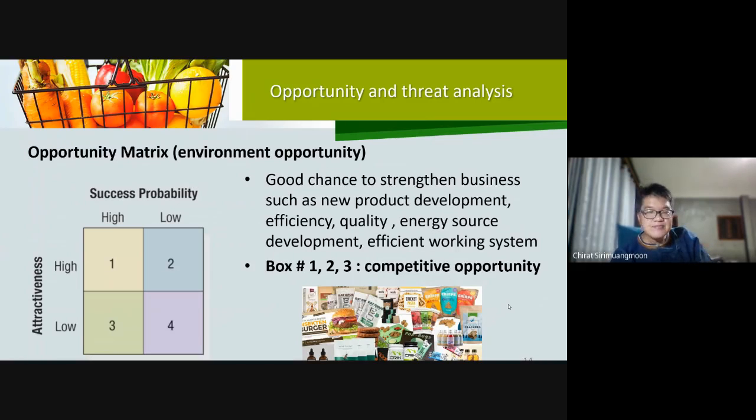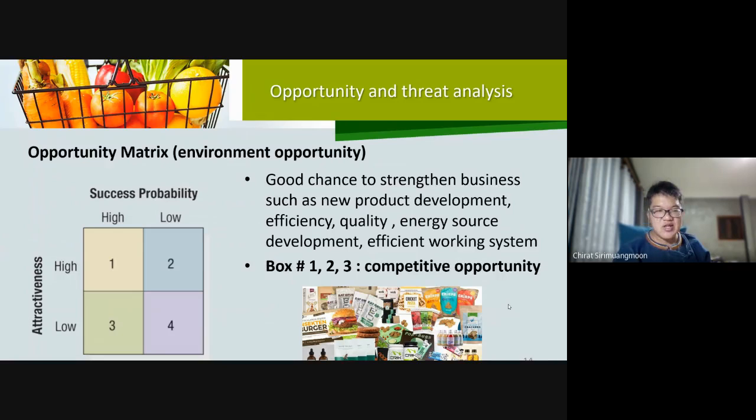Then we are concerned about ourselves right now and about the environment. So two things that we can do are opportunity and threat analysis. The opportunity matrix is about environmental opportunities. You have two axes you need to consider at the same time: the success probability, like how many percent is going to be successful, and attractiveness, how attractive it is to you.